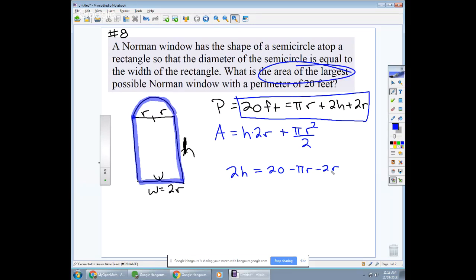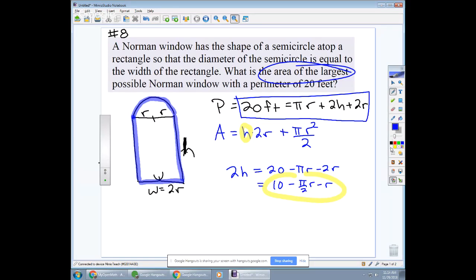And then I cut that in half, and that's going to give me 10 minus pi over 2 r minus r. Oh, you moved everything else. Okay, never mind. Yeah, sorry, I just kind of flip sides and then move stuff. So this is my value for H, and I need to put it there for a new area formula.